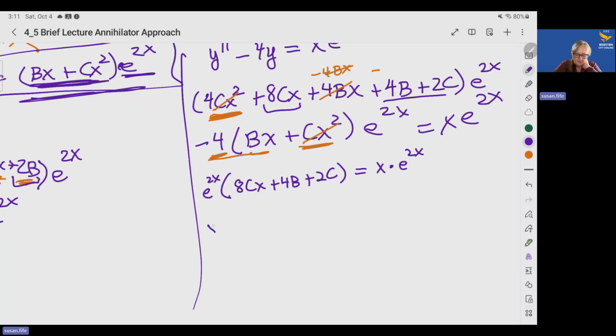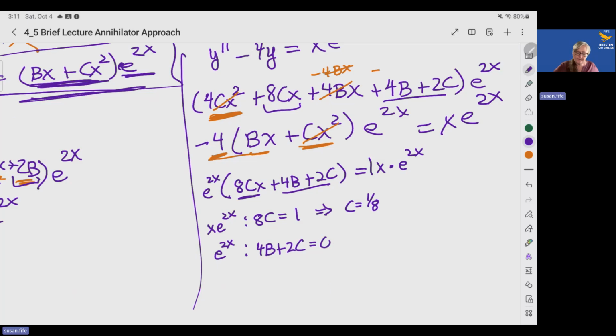So I have my x e to the 2x terms, and then I have my e to the 2x terms. On the x e to the 2x terms, I have 8c is equal to 1. C is 1/8. And on my e to the 2x terms, I have 4b plus 2c is equal to 0. I'm going to solve that for b to get b equals negative 2c divided by 4, and c is 1/8.